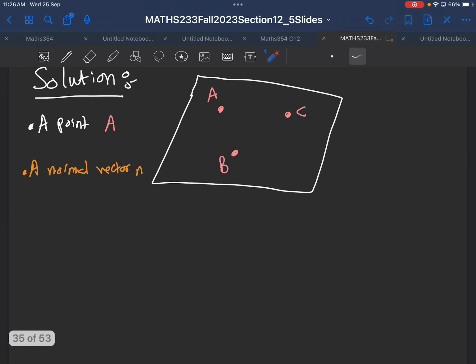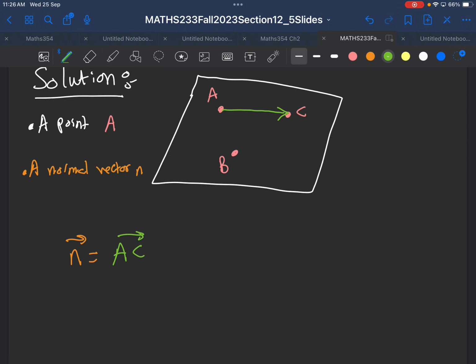So the idea here is my normal vector n will be AC, which I cross product with another vector, which we call AB in yellow. It doesn't matter the direction as long as we are starting from the same point. Now, what is the vector AC?